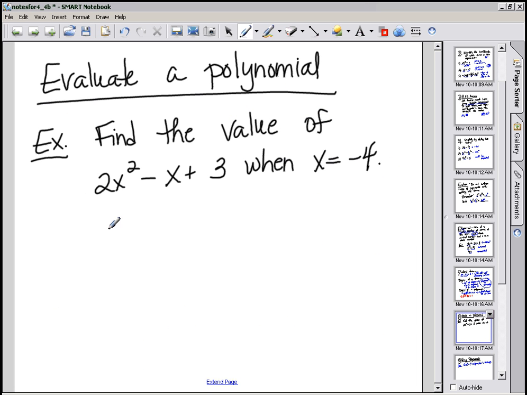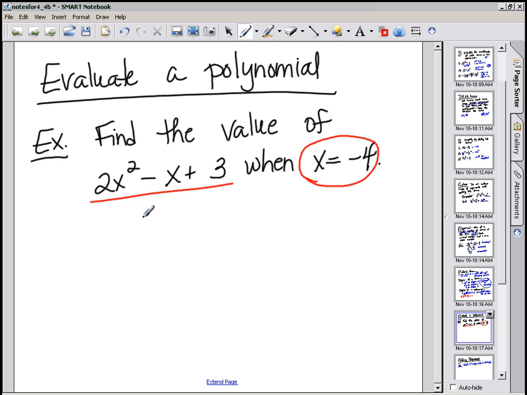Now, another skill that you need is to be able to evaluate a polynomial. We did this again back in chapter 1. With polynomials, we just said evaluate this algebraic expression. So do you remember that to evaluate means that you're going to be given some algebraic expression and you're going to be given a number. And then you're going to plug that number in place of the variable to get a numerical value output.